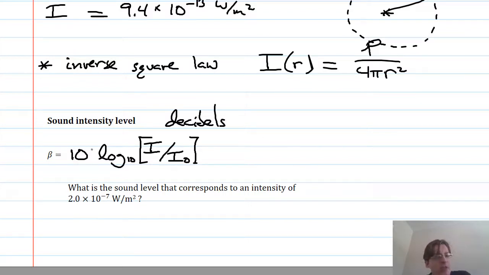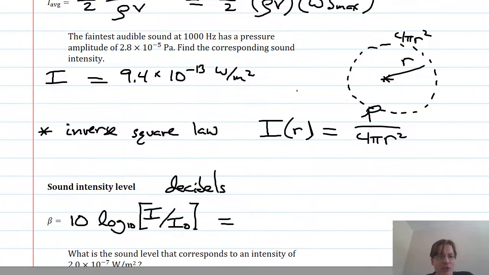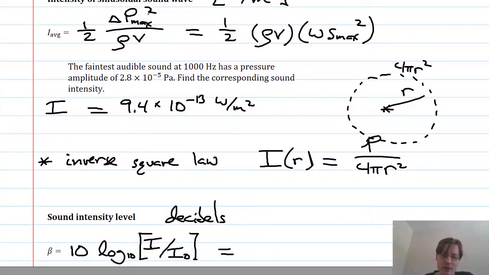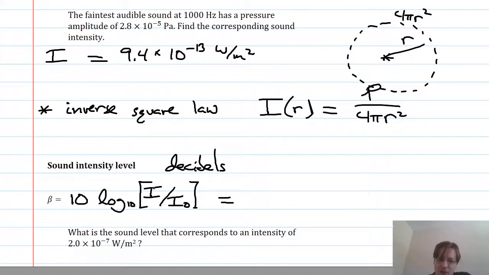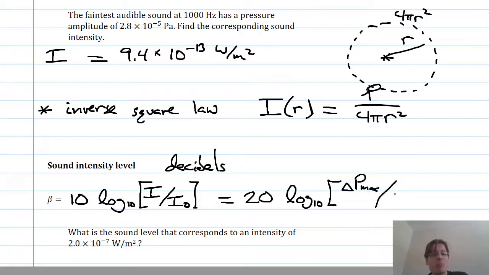So that's calculating it in terms of intensity, but sometimes what you know is the pressure wave, the pressure amplitude. Now remember, intensity is like pressure squared. So if I plug in pressure squared and I take log of it, it pulls out a factor of 2. In other words, log of x squared is 2 log of x. So I can write it in terms of pressure, and then it's not 10, but a factor of 20 times log base 10 of the pressure of the sound wave, delta P max, compared to the reference pressure of the whisper quiet sound.